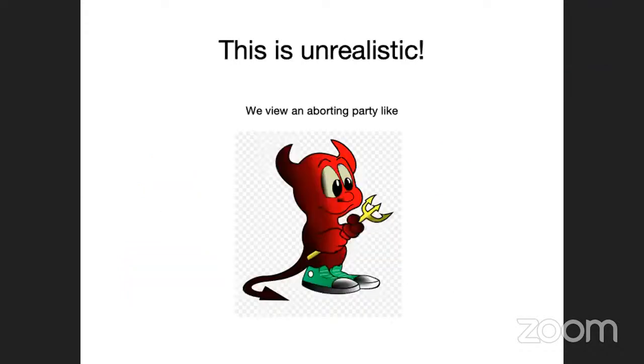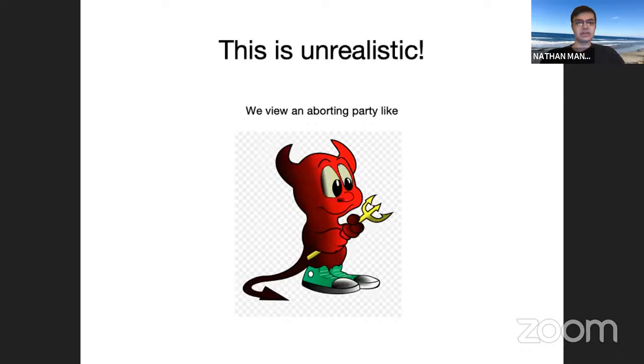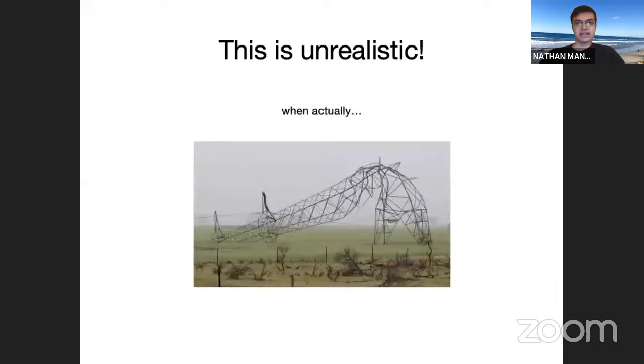However, in many situations, this is unrealistic. Traditional MPC views an aborting party as some malicious entity colluding with all other aborting parties and other corrupted parties, when what can actually happen in reality is that the power line collapsed and the user lost connectivity, and that's why they stopped responding. So in this scenario, an aborting party is most certainly not a mastermind colluding with the other parties.